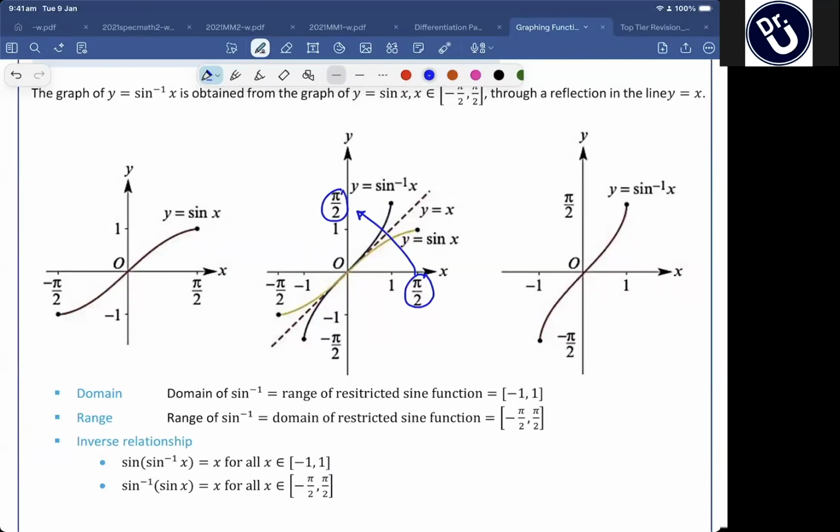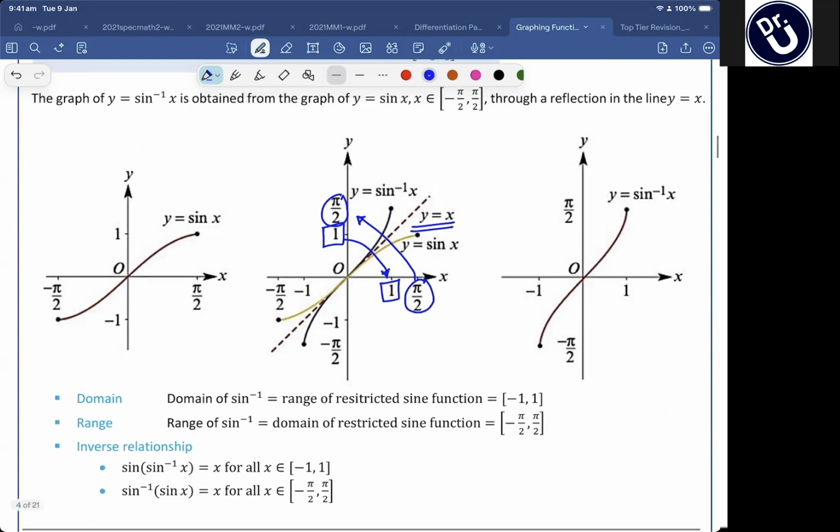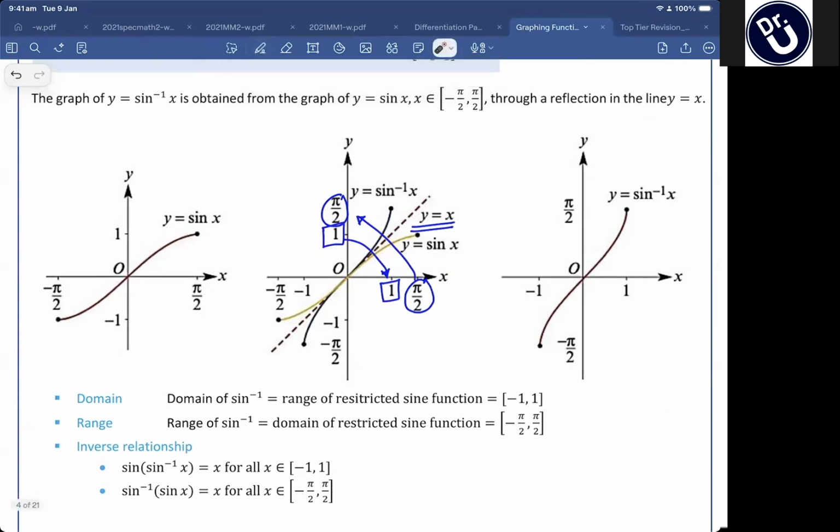Then this one I explained to you, it goes from here to here. And y equals x. See, I explained that to you, inverse functions.